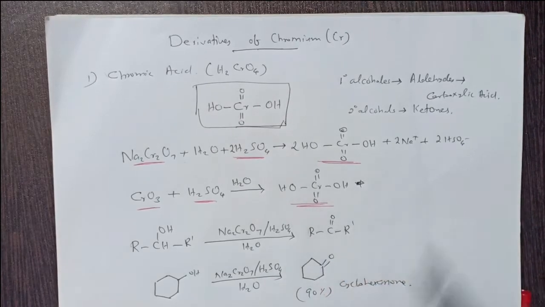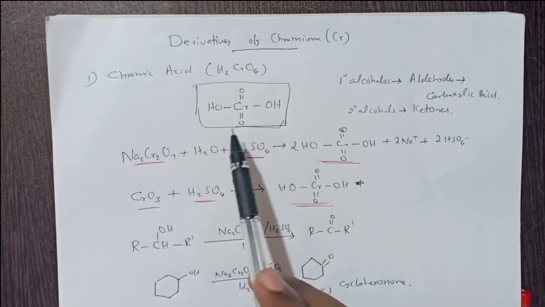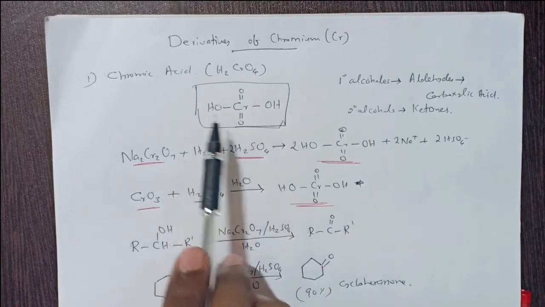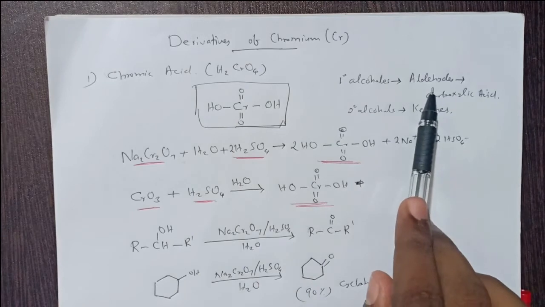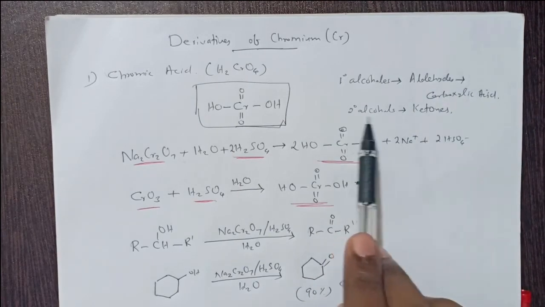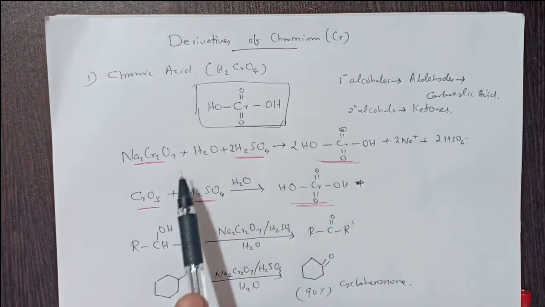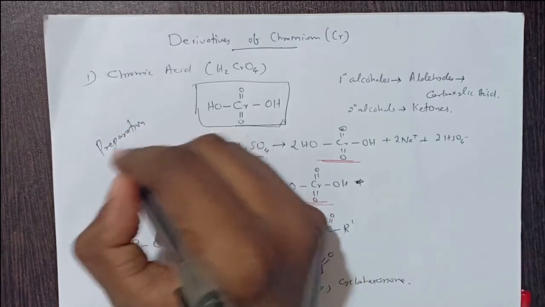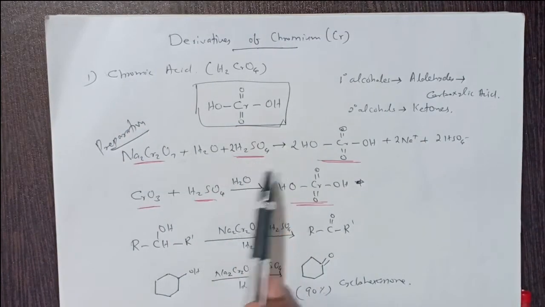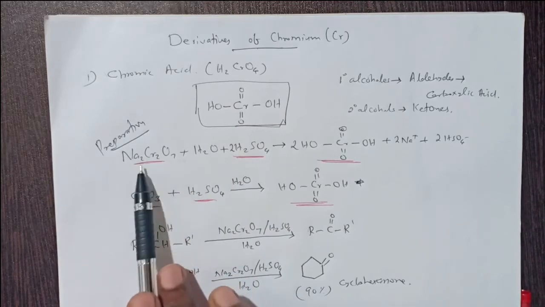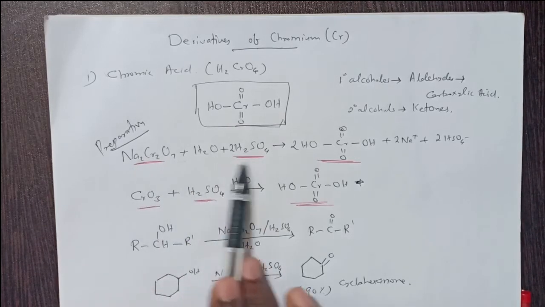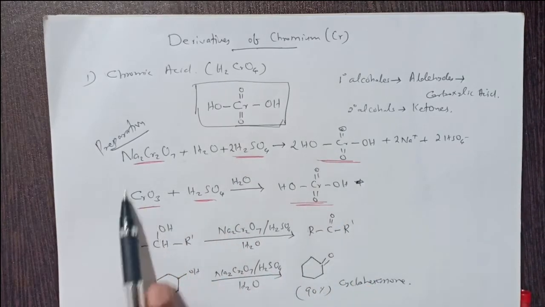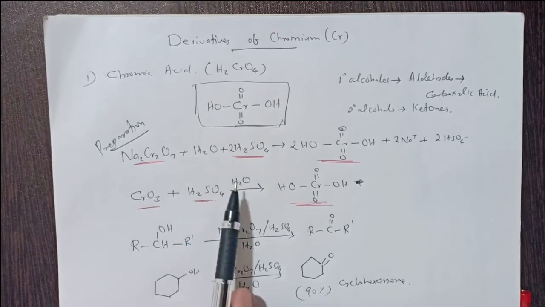So this is the reagent that we first considered, the chromic acid reagent. The structure of the compound is like this, and it oxidizes the primary alcohols to aldehydes and carboxylic acids. Secondary alcohols are oxidized to ketones. We can prepare the chromic acid reagent by adding sodium dichromate with sulfuric acid and water, or by mixing CrO3 with sulfuric acid in the presence of water.